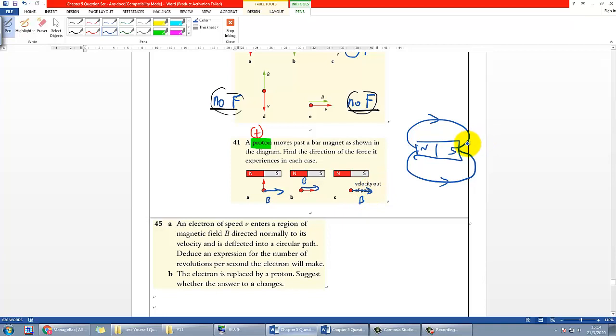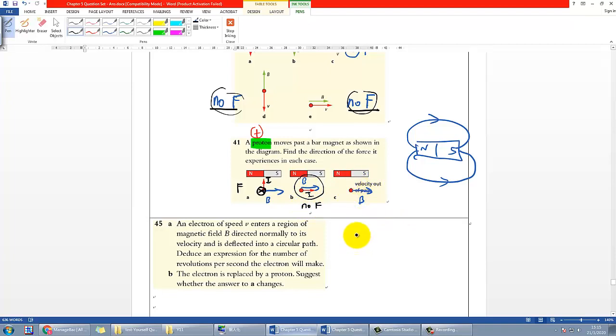Then you can determine the force by looking at the velocity and B field. For the first one, you should use the left hand rule. B is right, I is up, and so the force should be going in, so a cross for F. The next one, apparently since I and B are both going in the same direction, once again there is no force.